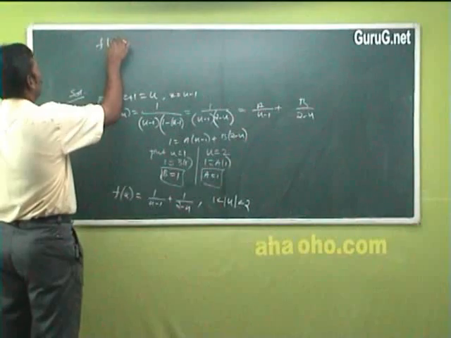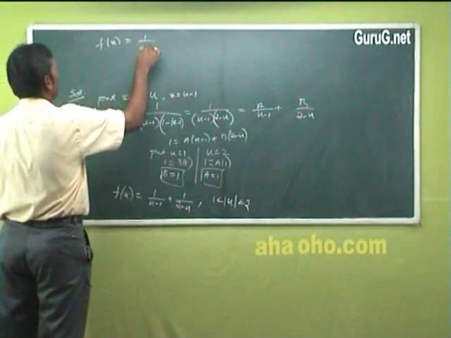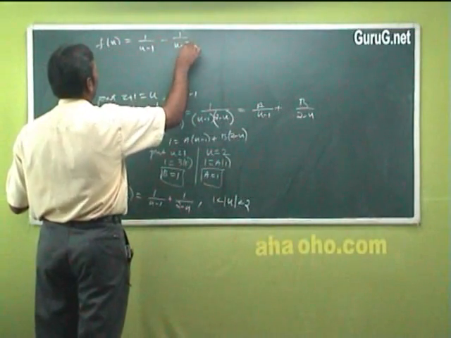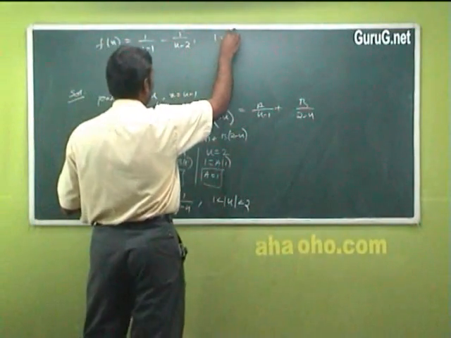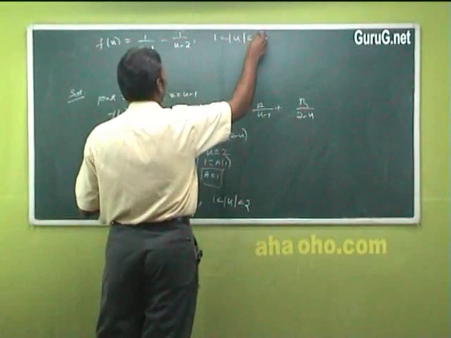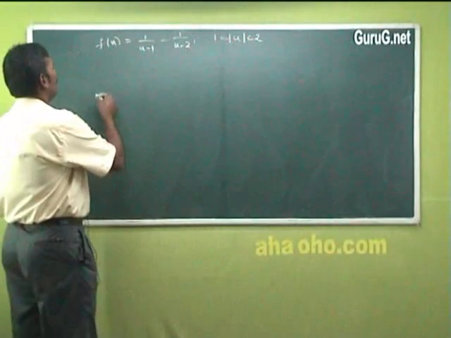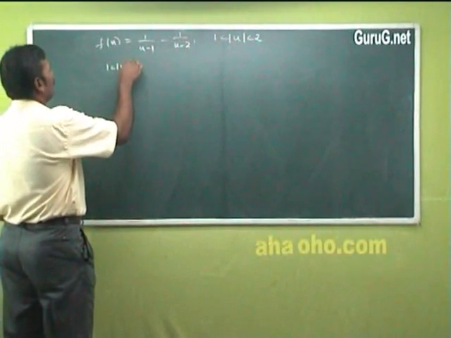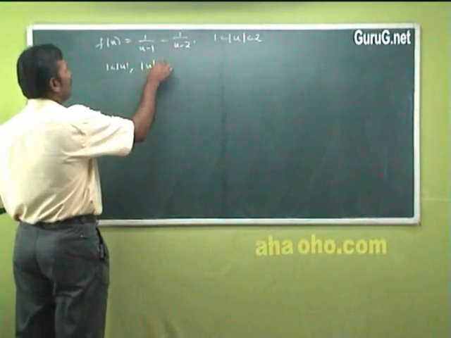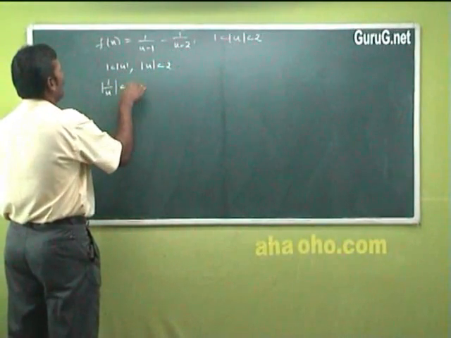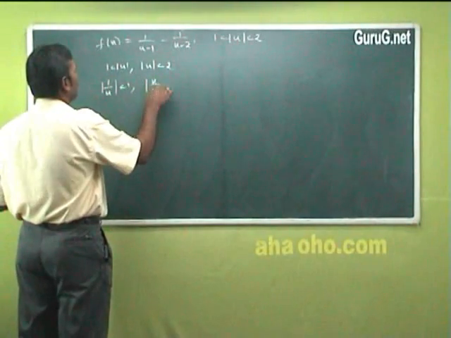So f of u equal to 1 by u minus 1, can take minus sign outside, 1 by u minus 2, right? So in 1 less than modulus of u less than 2, which is nothing but just like the previous problem now. So 1 less than modulus of u and modulus of u is less than 2. This is nothing but modulus of 1 by u is less than 1 and modulus of u by 2 is less than 1.